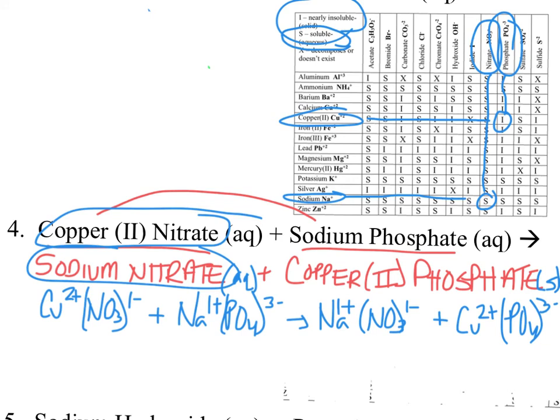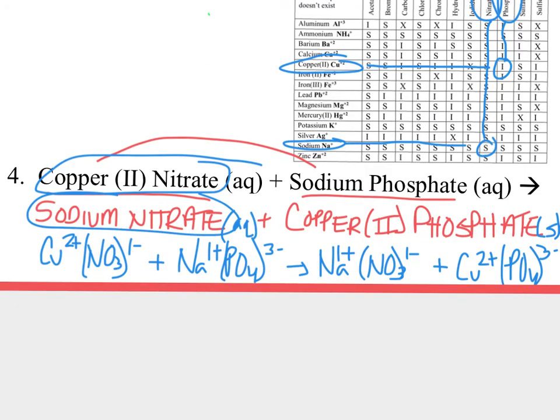Now that we have all of the charges, we can put these together and work them out into the chemical equations. Cleared up our space a little bit. Let's do this. Copper's 2+, nitrate's -1. So when those come together, you're going to need 2 of those nitrates in order to cancel out with the +2 copper. And we know from the word equation that's going to be aqueous. It's going to react with sodium phosphate.